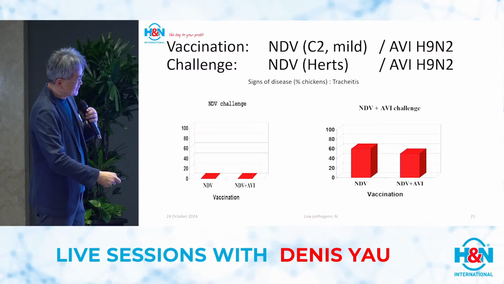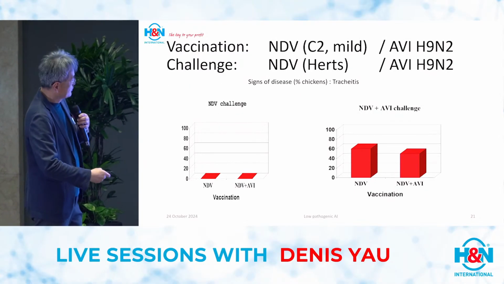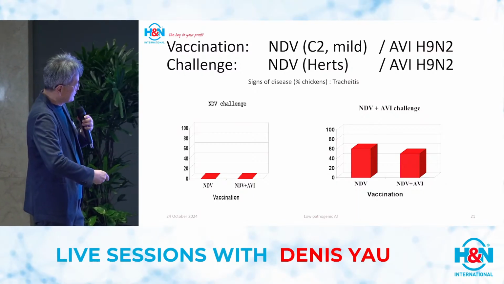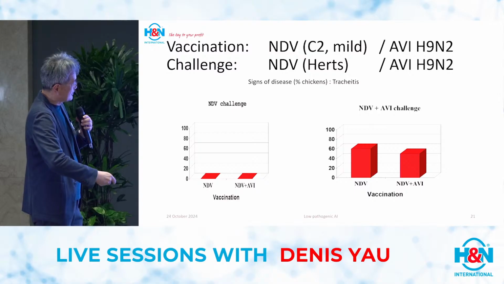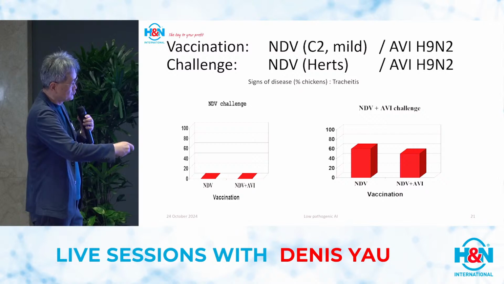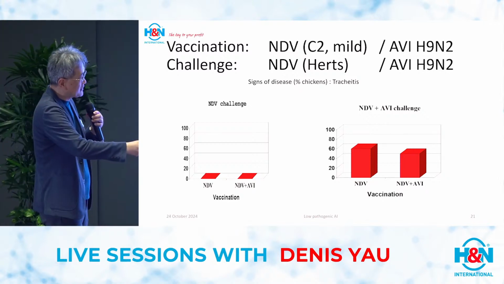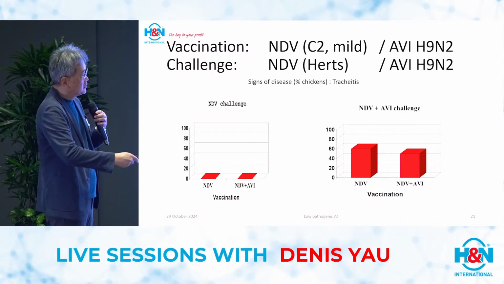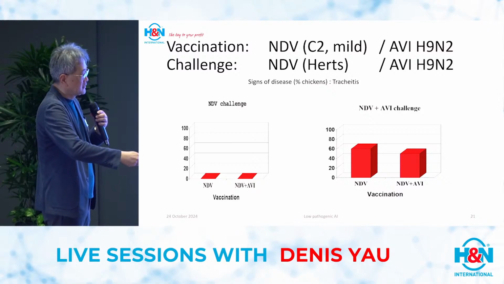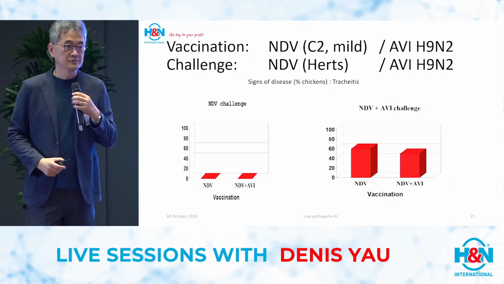So with this one, we see the ND challenge with only ND vaccine, and then both ND and H9 vaccination, they do not have any problems. But the point is, when there's an H9N2 challenge, we see both do not get a good protection.